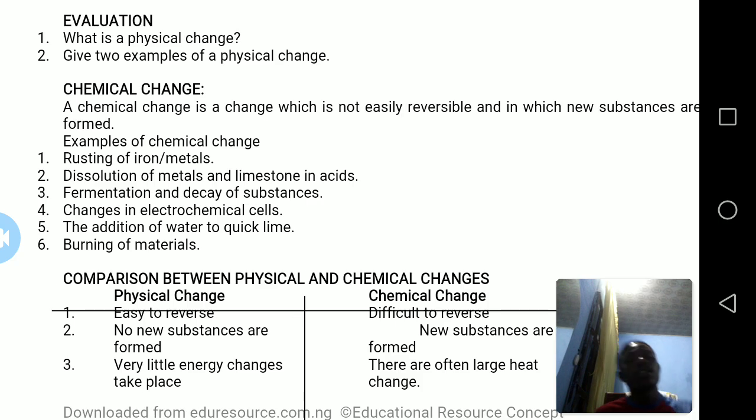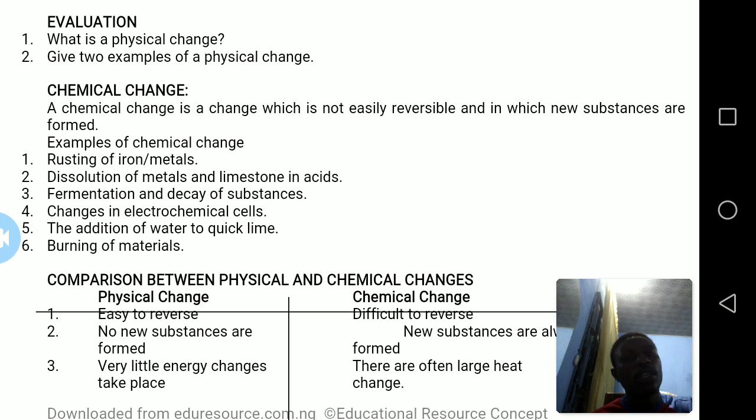Then let's look at chemical change. Chemical change is a change which is not easily reversible and in which new substances are formed. So in chemical change, it's not easily reversible and new substances are formed.